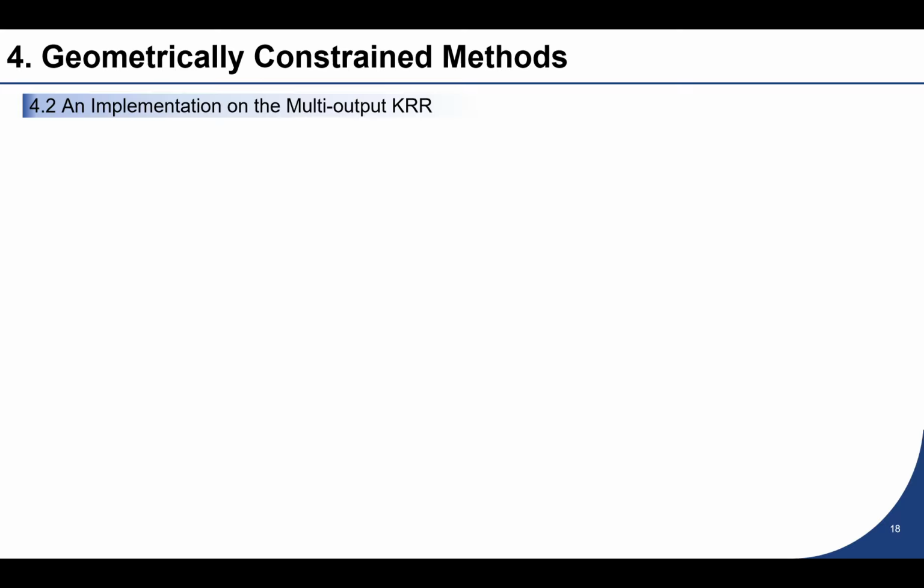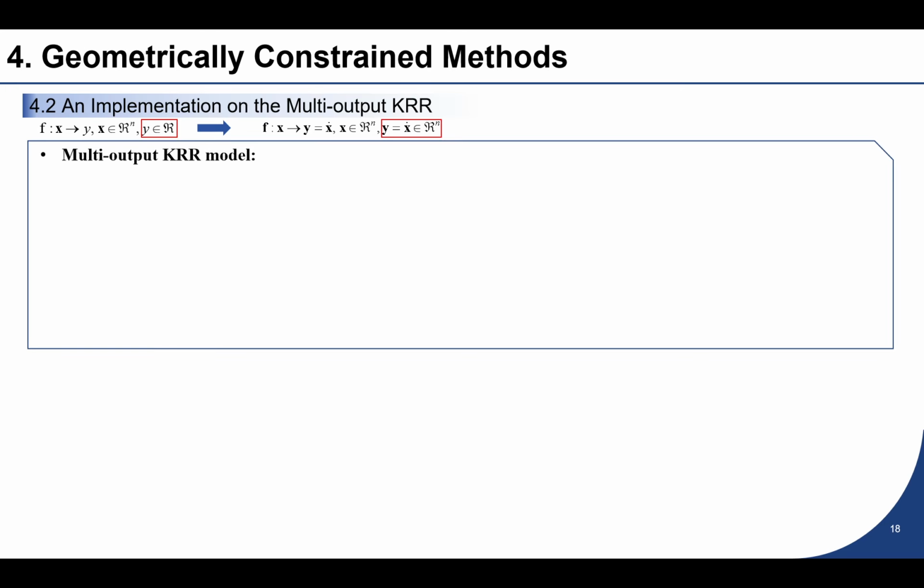In this subsection, we present an implementation of the geometrically constrained model on the multi-output KRR. We begin by extending the standard scalar output regression to a vector-valued mapping, where the output is the system velocity. The derivation of the multi-output KRR model is given below.